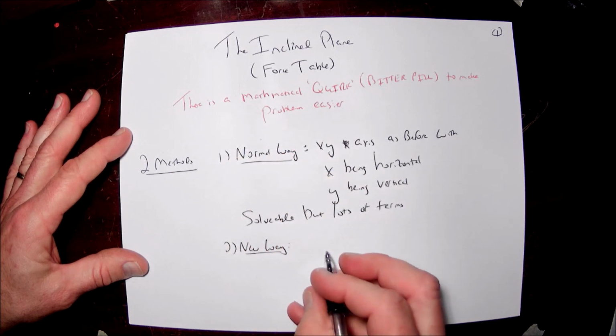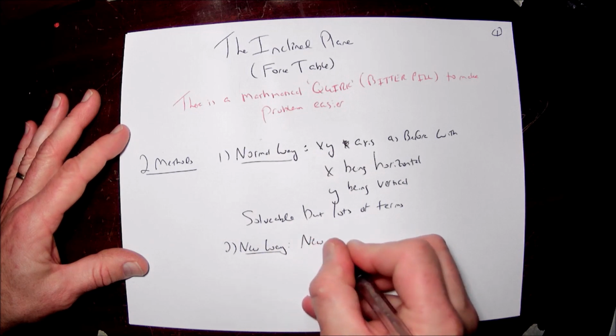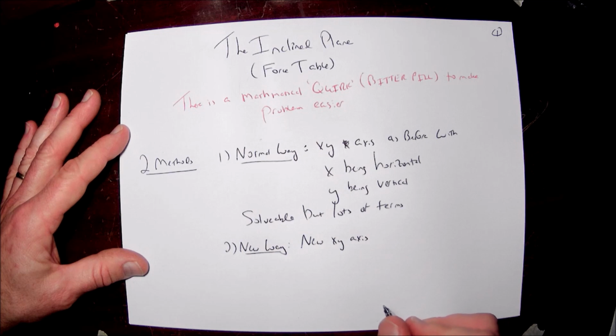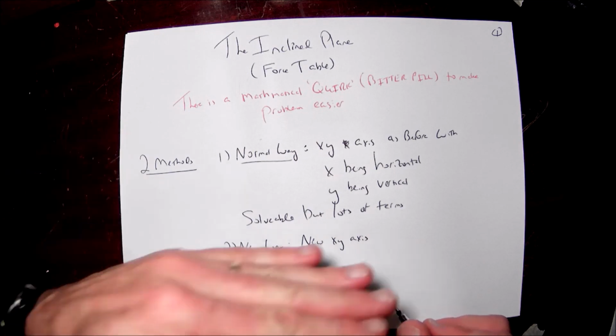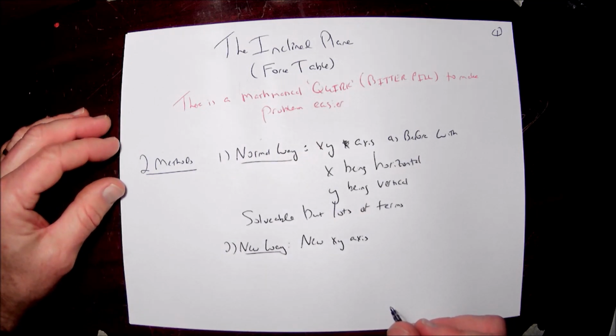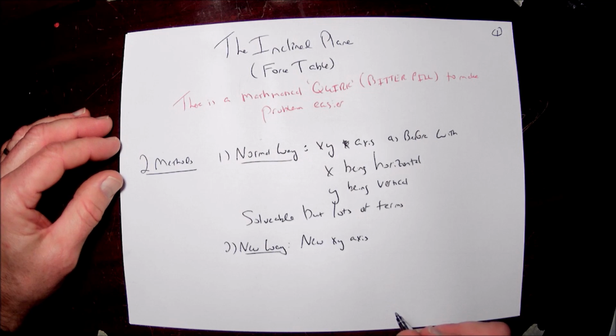In a new way, we're going to have a new XY axis. The XY axis has to be perpendicular to each other, so that will be maintained. We're going to rotate it. And if you're in math, rotations can be done with matrices and stuff like that. It's really cool.